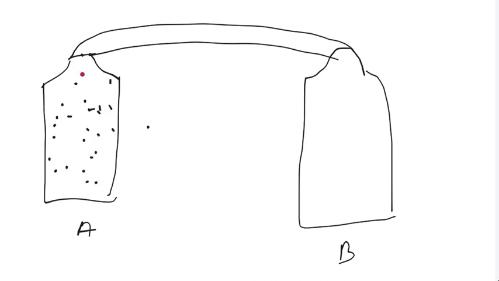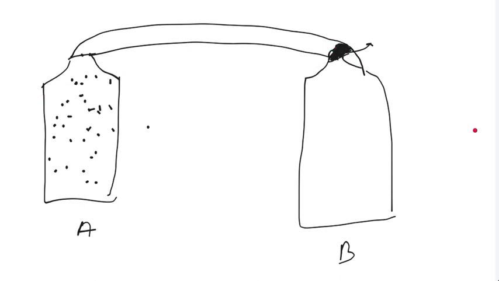Suppose we block the flow with a cork here. So we have taken two well insulated cylinders, A and B, filled with gas, and connected by a pipe that has a stop cork.